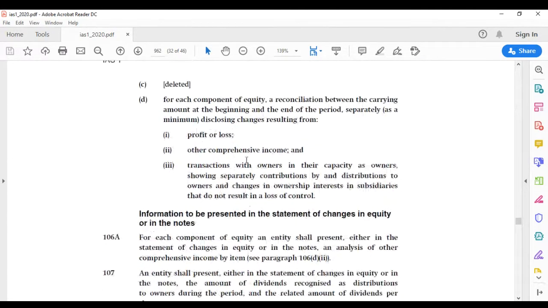So what we need to know is this, that reconciliation from your opening to closing balances will include the profit and loss. So that will be added to your, perhaps you can type for me there. The amount for the profit and loss. To which column in your statement of changes in equity will the amount of profit and loss go to? Just type for me, please, in the chat box.